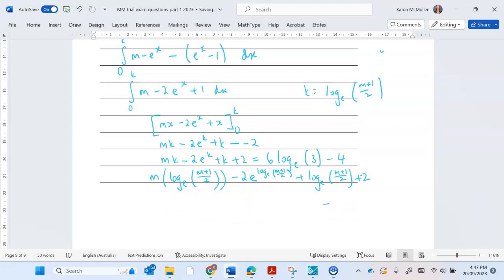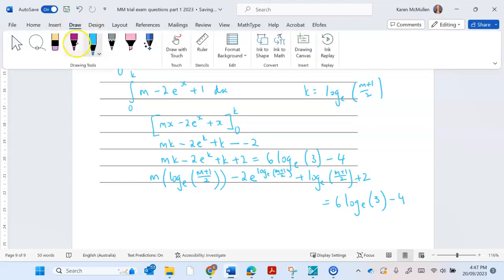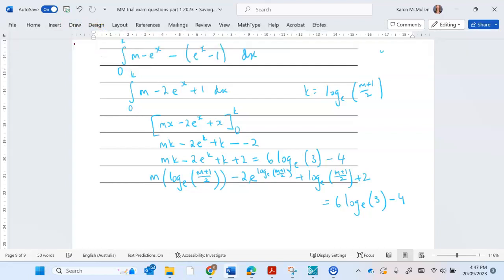Let's make that equal 6 log base e of 3 minus 4. Alright, so let's see what we can do here. So these will cancel each other out. I don't know what else we can do.